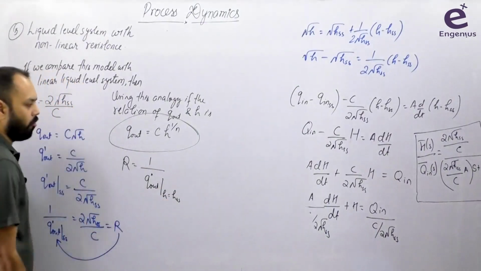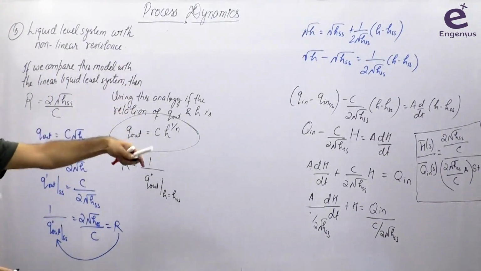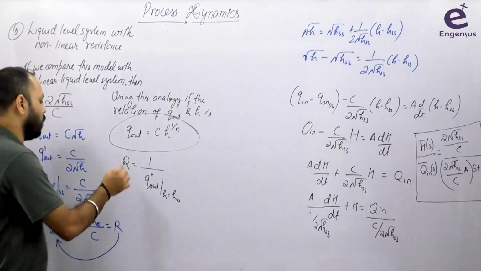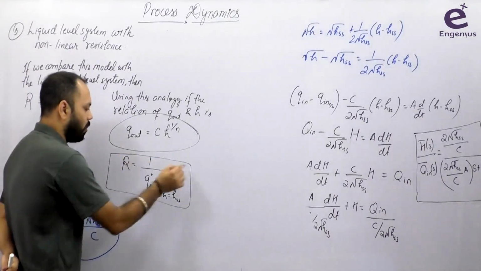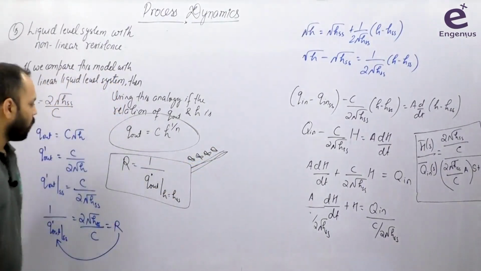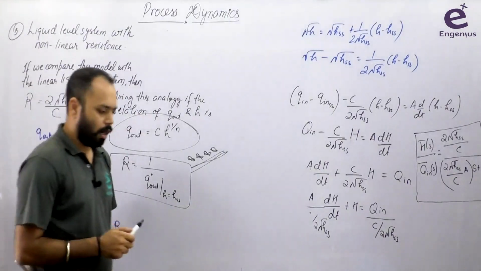Once you calculate the value of R, directly write the transfer function. There is no need to do all that. It did not take much time, but there is no need to do it much. Okay, this is the relation to find the value of R and directly write the transfer function if this kind of Q out is equal to C H raised to power 1 by n question is there.